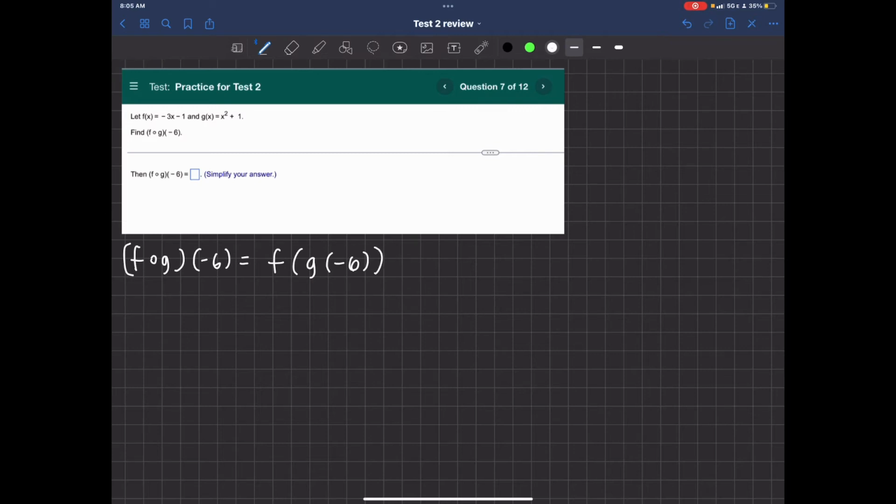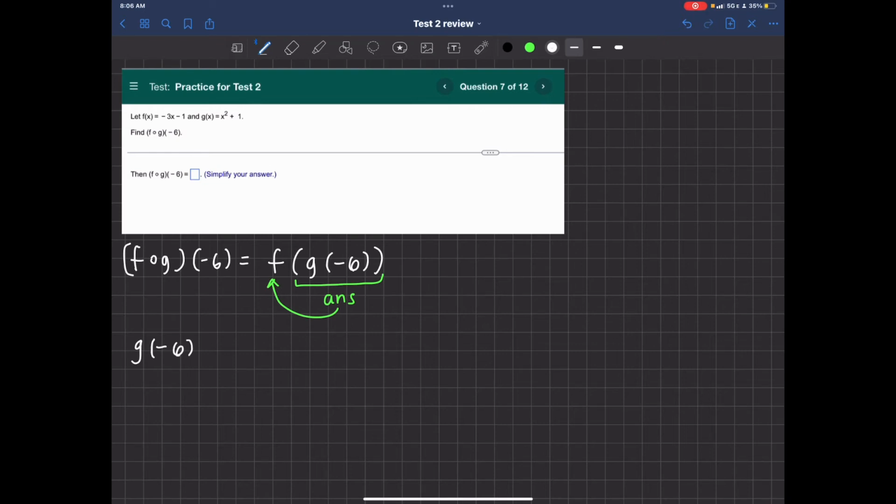So again, the answer here will go into the f, and then that'll give you your final answer. So here we go. I want to find g of negative 6.